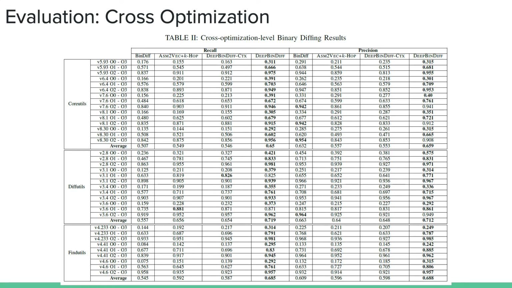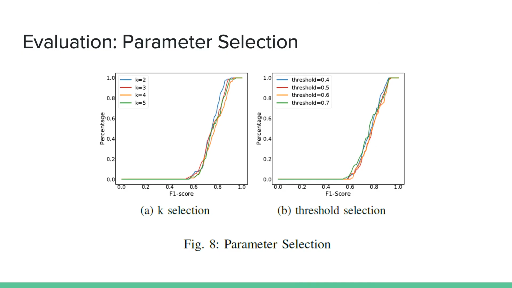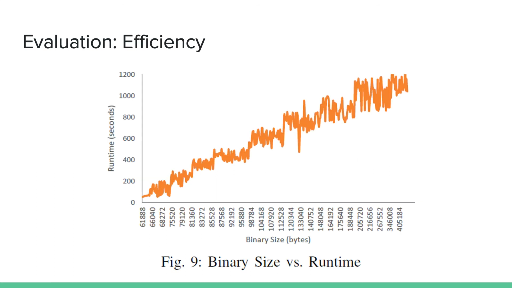The next thing they look at is cross-optimization. That's a lot of numbers, but generally speaking, all the bolds are under DeepBinDiff, which is good. They're trying to say they're the best and they're proving it with numbers. All right, I'll come back to this one.